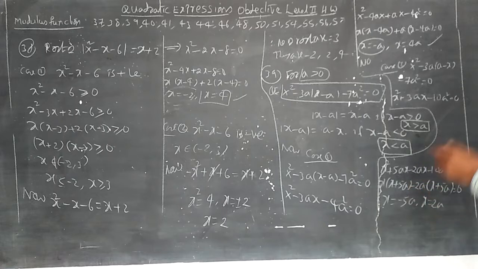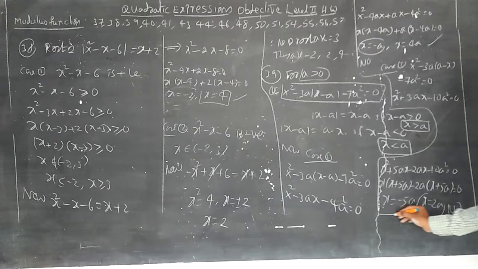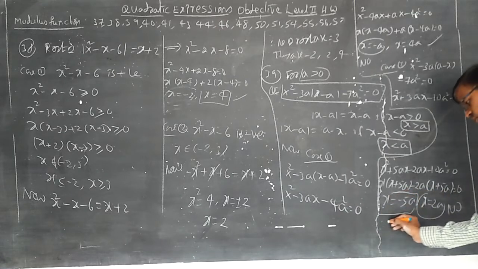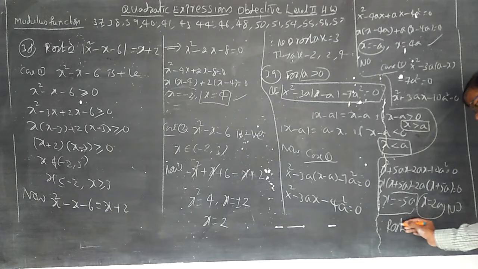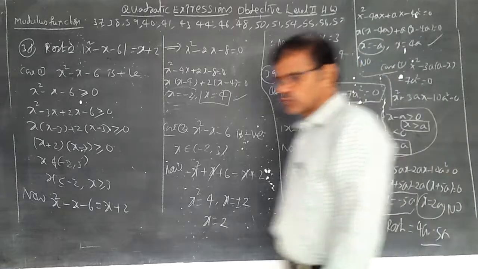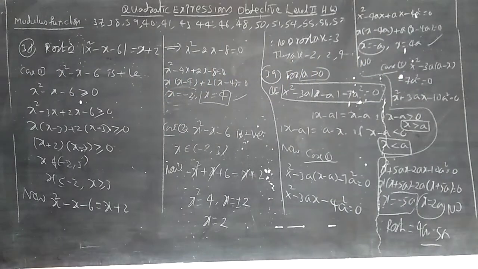Here in this case we should consider x less than a. Students, first of all, a is greater than 0 as given. So x less than a means negative only we should consider, not positive. So this is no, this is yes. This is right. Therefore, according to the condition, the roots are 4a, minus 5a.